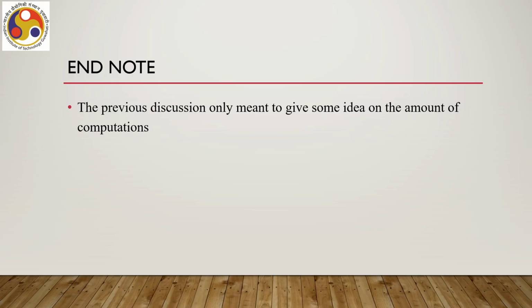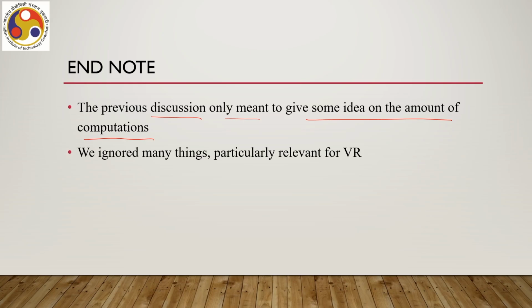So, the previous discussion was only meant to give some idea of the amount of computations. Of course, here we skipped actual things at many places to keep things simple. We ignored many things, particularly relevant for VR, because in VR we are interested in a realistic experience, where the complexity of the rendering is much more as compared to what we have seen in our discussion.